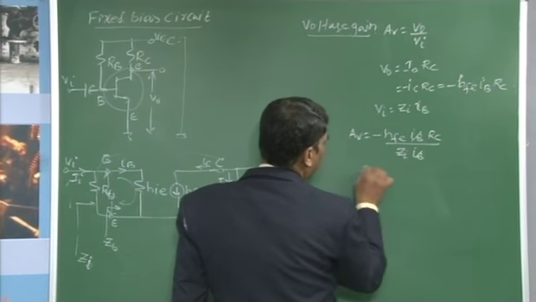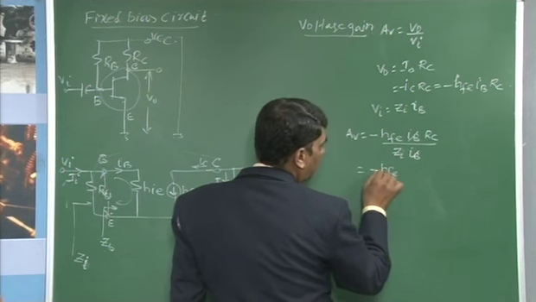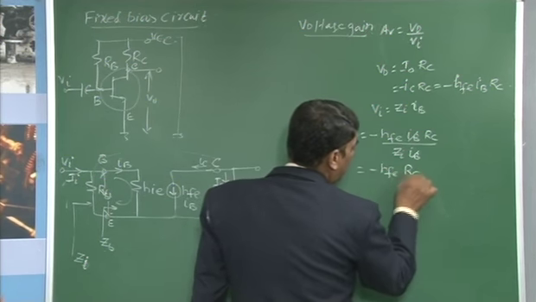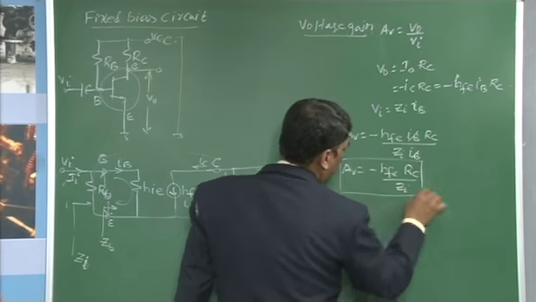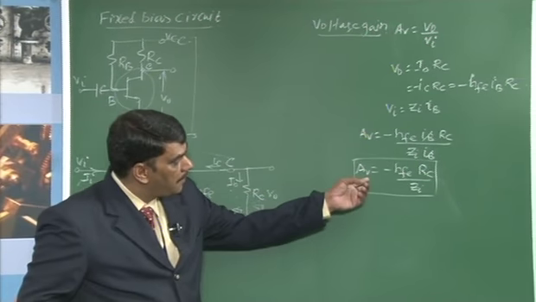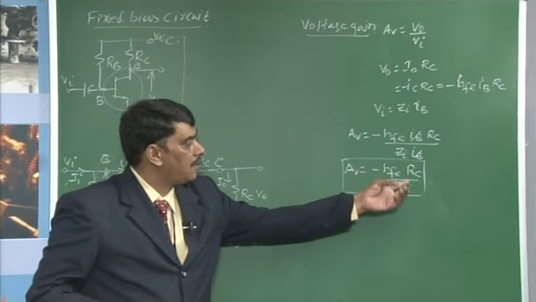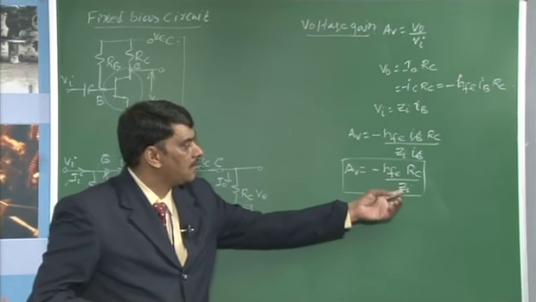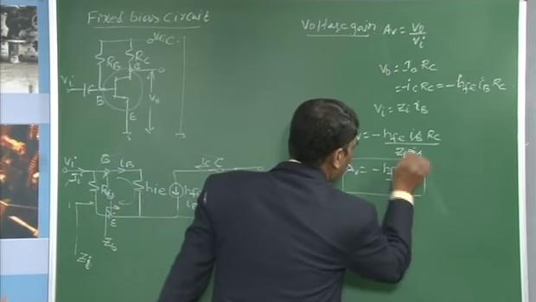IB cancels. The voltage gain AV is equal to minus hfe RC divided by ZI. If you compare with the re model, AV is also equal to minus beta RC by ZI. This is also the same, or instead of ZI, we can write ZB.